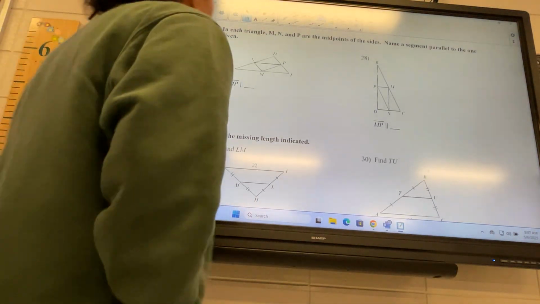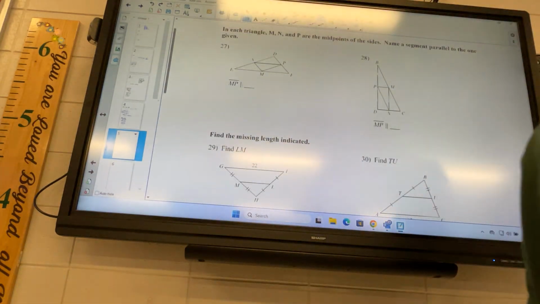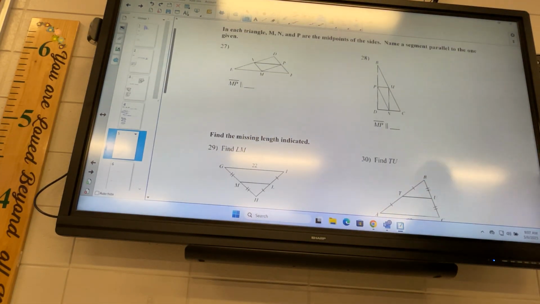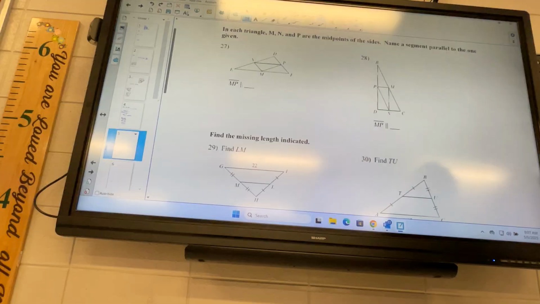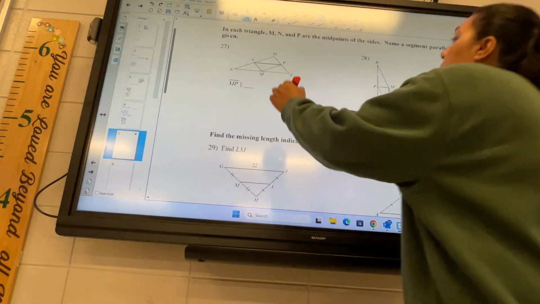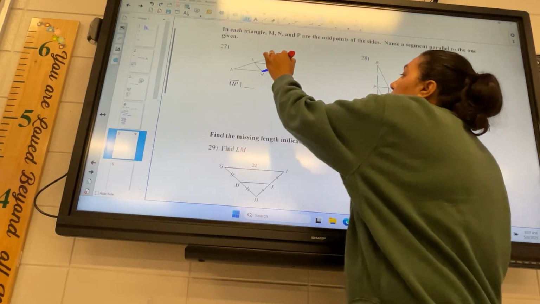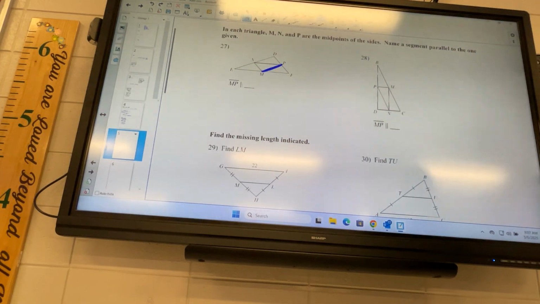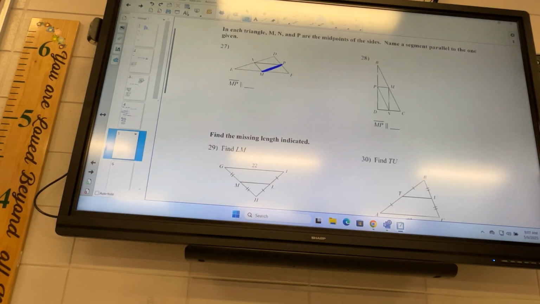Okay, 27. It wants you to find one that's parallel to MP. So take a second, find MP. Okay, and so we can mark it. I want something that is double or half of the length. It cannot be the same length as MP.